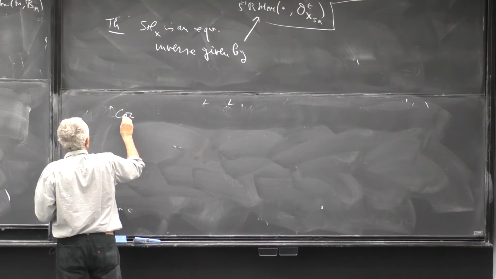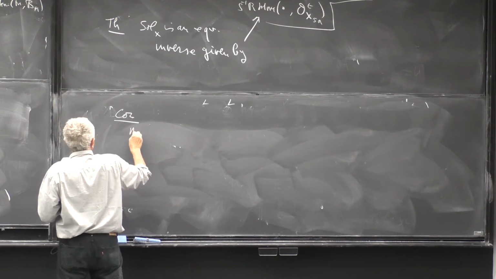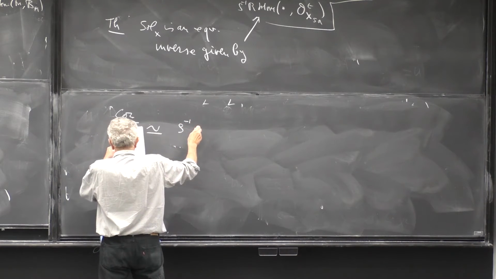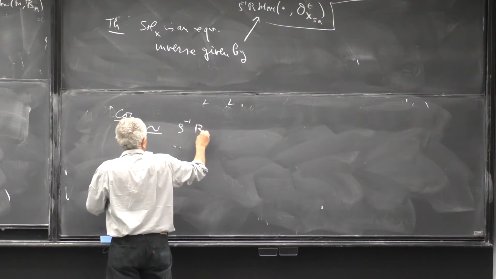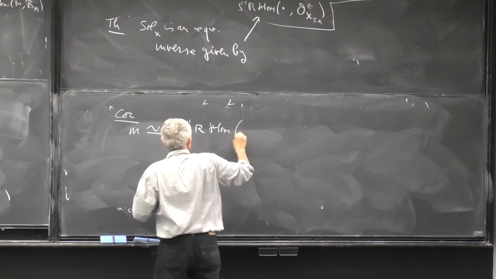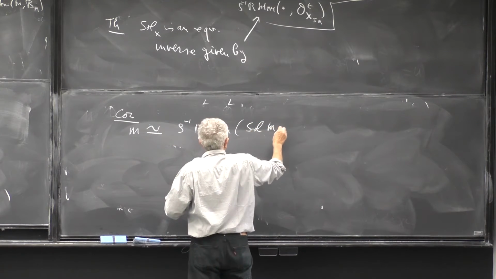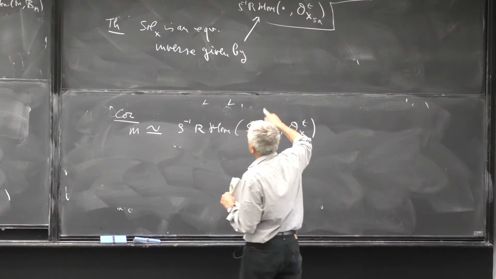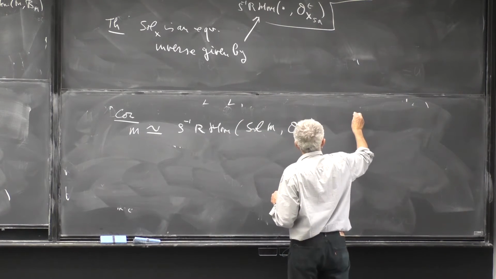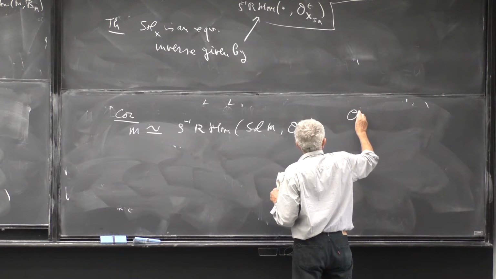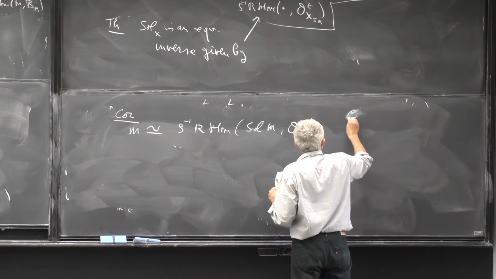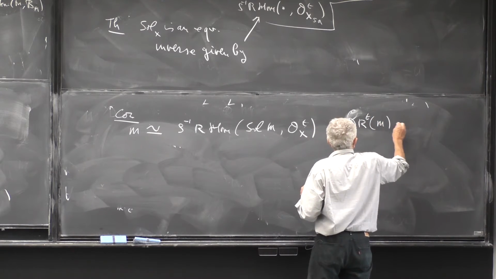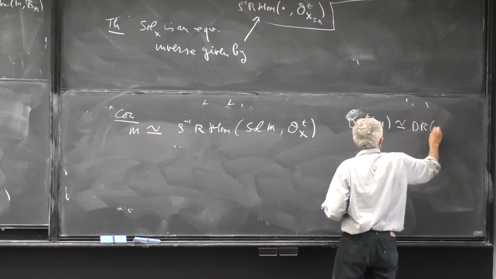As a corollary, we can reconstruct M. We have M is isomorphic to rho minus 1 Rm sol of M oxt. But I skip this; it is more or less a corollary from the fact that Rm temperate of M is isomorphic to the Rm of M.